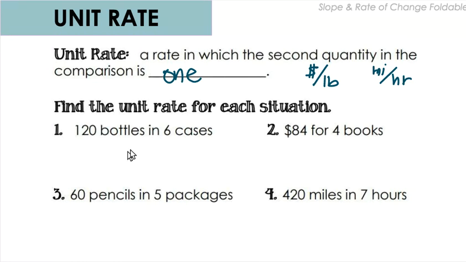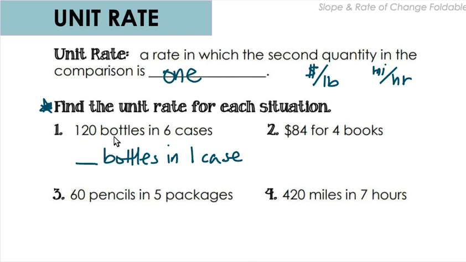Okay. So what we want to do is find the unit rate for each situation. Basically, if I have 120 bottles in 6 cases, how many bottles in 1 case? That would be the unit rate.